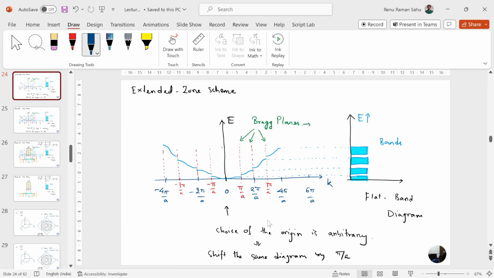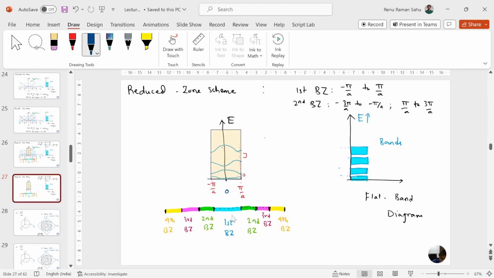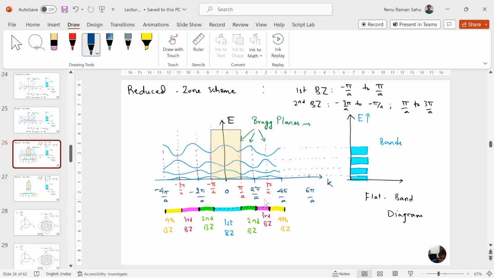Can we call 0 to pi by A a Brillouin zone? It is a part of the Brillouin zone. The first Brillouin zone is minus pi by A to pi by A, so 0 to pi by A lies under the first Brillouin zone. It is a subset of that.